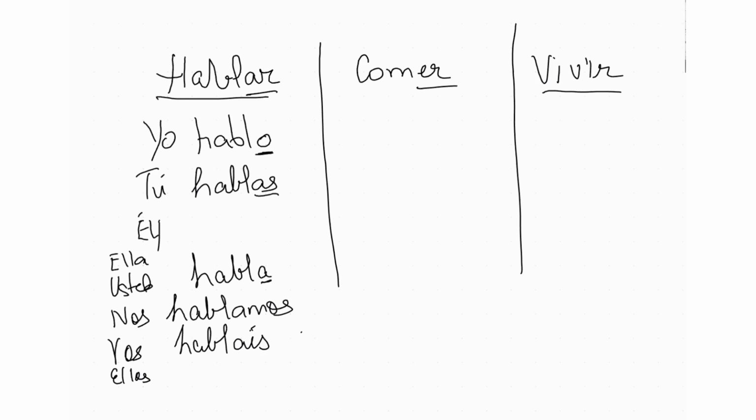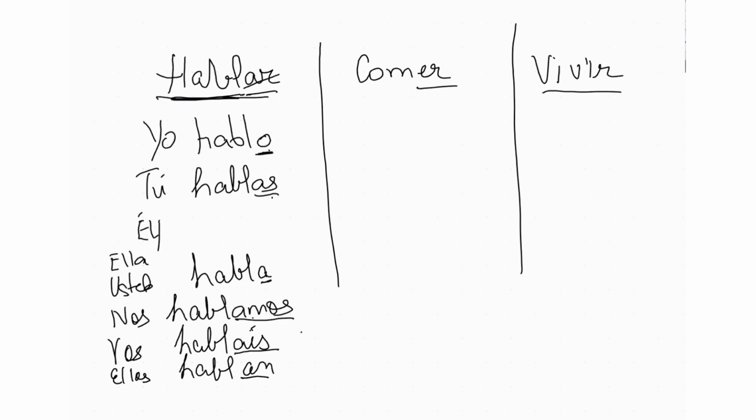Tú, vosotros. And él, ella, usted, ellos. So ellos hablan. Now you notice what is changing? Till habl, the verb remains the same. The unconjugated verb remains. We only remove the AR, and instead of AR we put o, as, a, amos, áis, an. Got it?